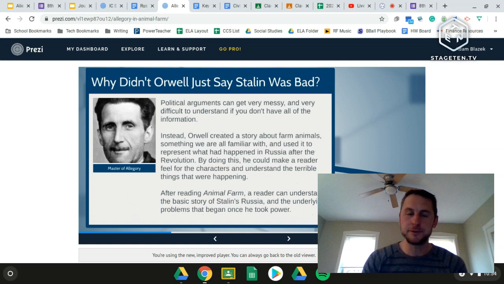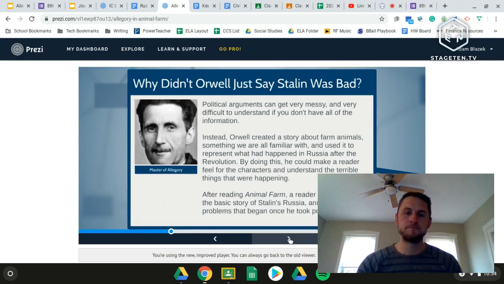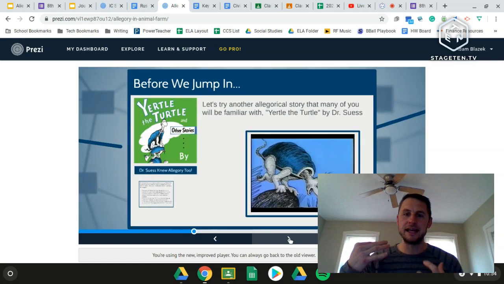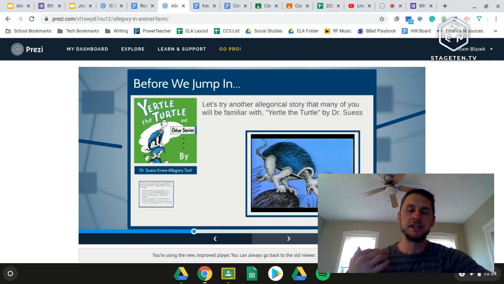So that's a picture there of George Orwell. And again, this idea of allegory is one that plays literally throughout the whole story. So it's very, very important that you know what allegory means and be ready to look for it.